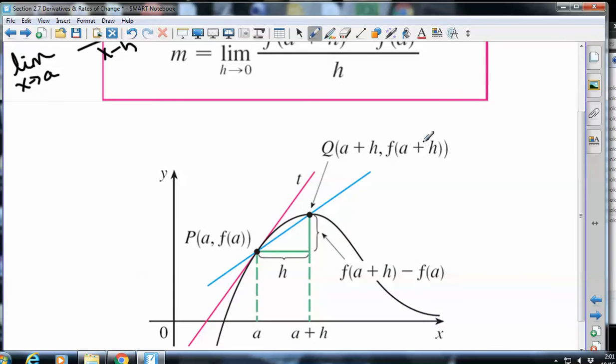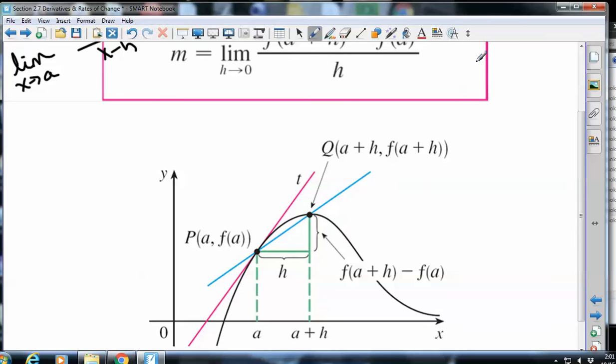The difference is here, h is just representing the distance between x and the value it's approaching. So if the distance between them is getting closer to 0, that's when x is approaching a. So it's another notation, really means the same thing.